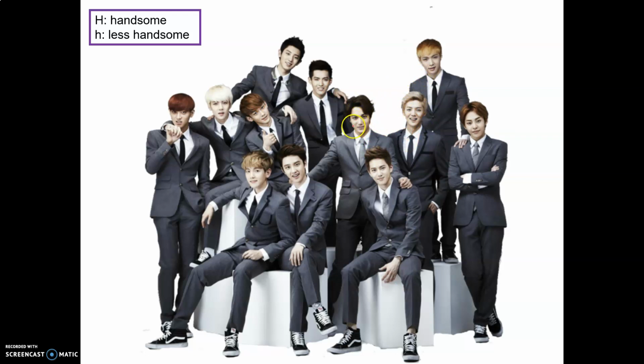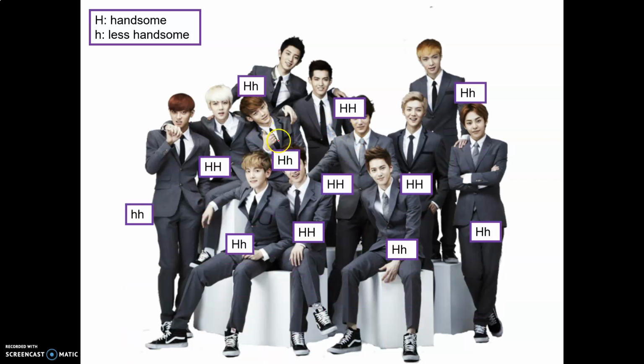If we assume that EXO ni, each of them ada this handsome and less handsome allele. Assuming that handsome itu adalah dominance, that's why kita buat H besar and H kecil itu adalah less handsome. Now, kita boleh nampak there are different faces, ada different level of handsomeness dekat sini.